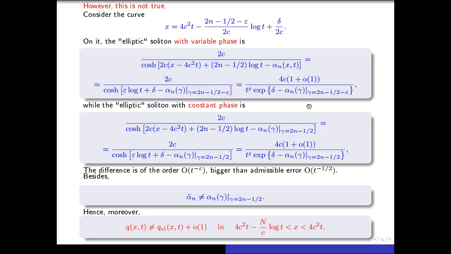So we see that it is essential that the phase in these elliptic solitons is a function of x/t and not just a constant. And this already shows that Q elliptic and Q do not coincide.